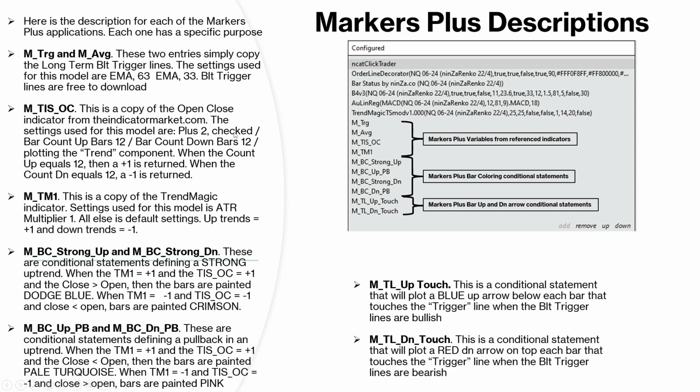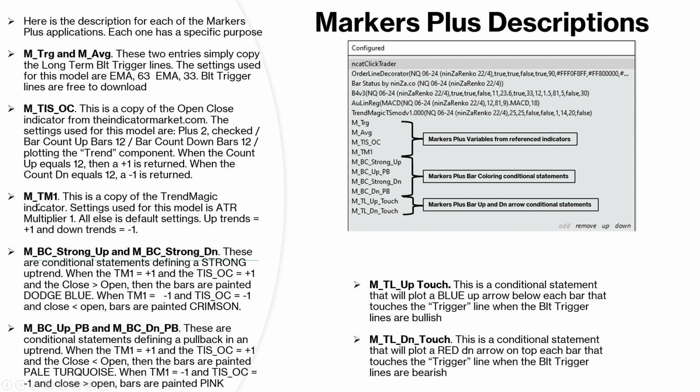So +2 checked inside there. This won't mean anything to you if you don't have the indicator. Bar count up 12, down count 12. And when this thing in the trend component triggers, when these counts are triggered, an uptrend is returned as a +1, downtrend is a -1.